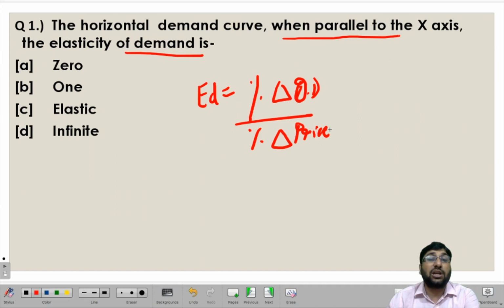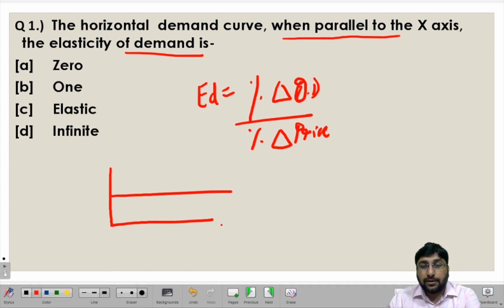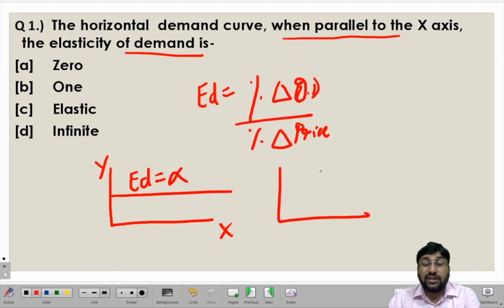And here we are talking about the graphical representation. If you recall, there were different diagrams that portrayed the different elasticities. So I would just like to recall them. If you have a demand curve parallel to the x-axis, the elasticity is infinity. If the demand curve is vertical to the y-axis, the elasticity of demand is 0.